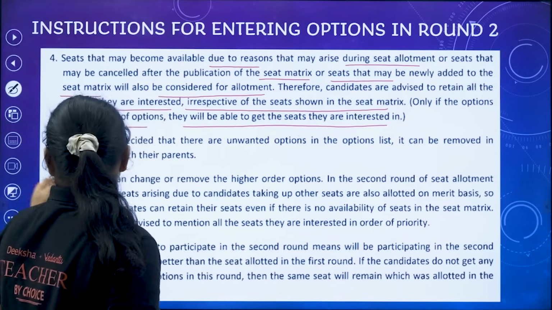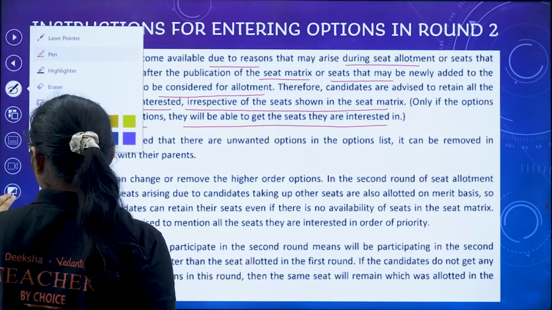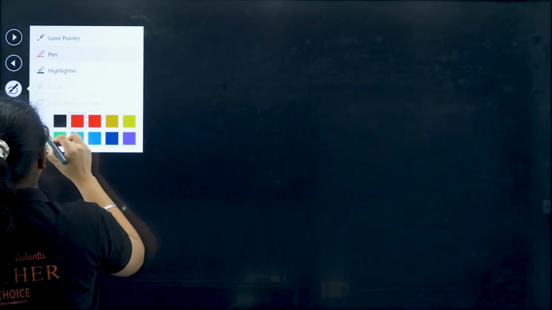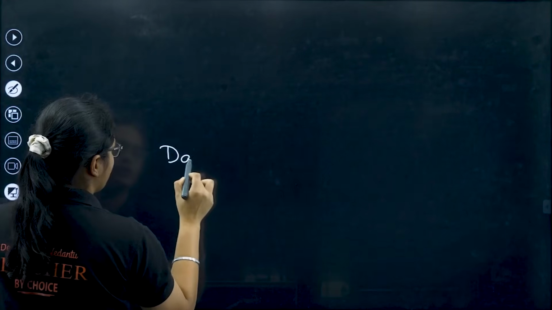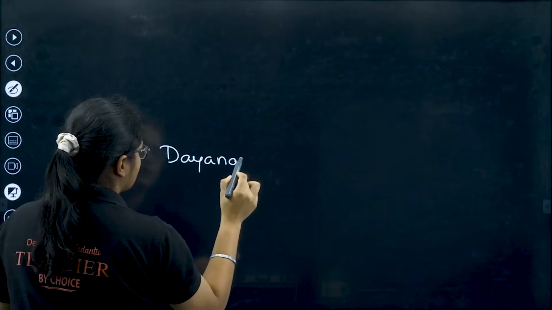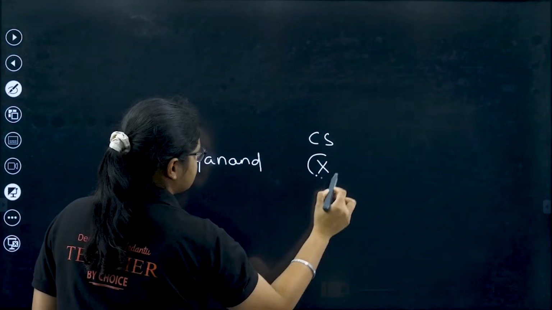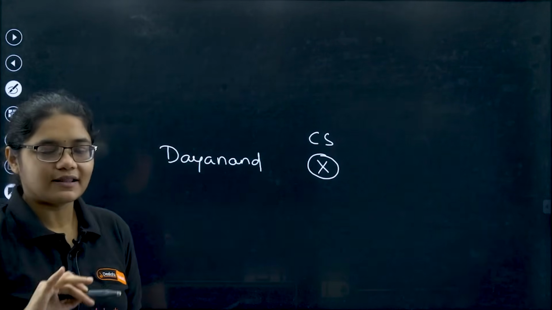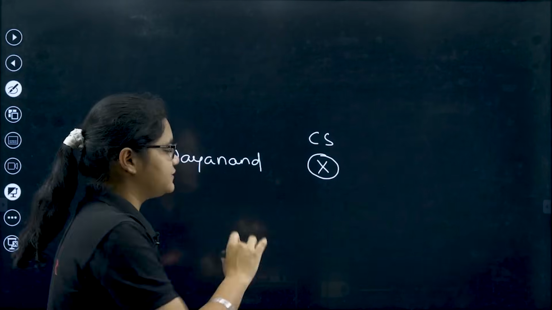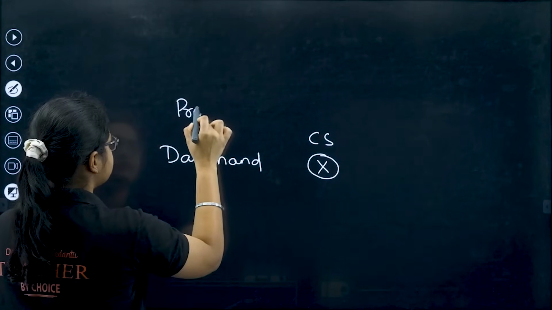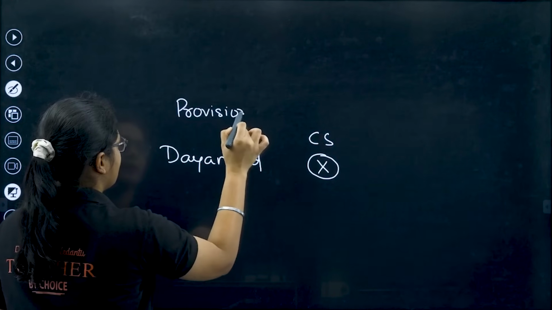Now let me give you an example. For example, there is one college, Dayanand Sagar College, and in computer science there is no vacancy, the seats are already filled. That is what you have seen in the provisional seat matrix.